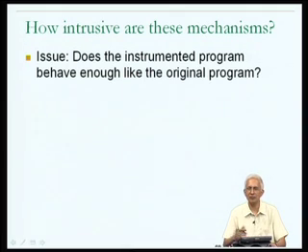Therefore, by definition, the program that we ran in the profiling run was different from the program that we are interested in, and if they are sufficiently different, then they may not behave alike, and one has to worry a little bit about whether the difference between the two programs is so substantial that the intrusiveness has become a problem. Hence the issue is one of relevance.